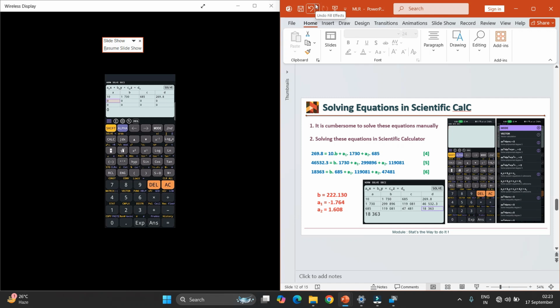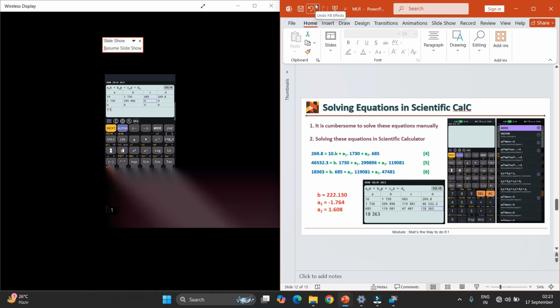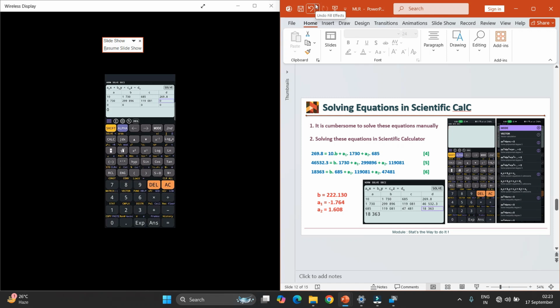then second row 1730, 299,896, 119081, and 46532.3.